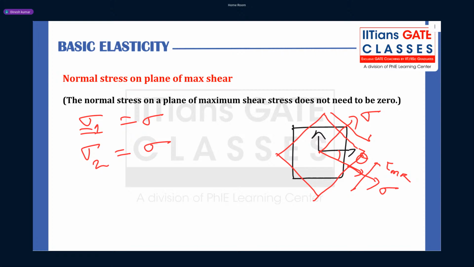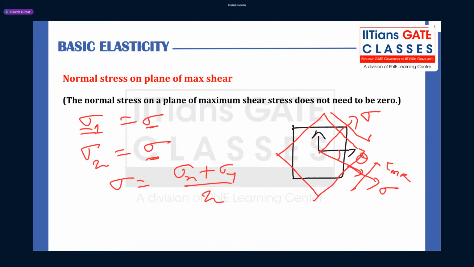This is again, guys, what can anybody tell? Have you guys learnt about Mohr circle? Yes, sir. In the Mohr circle you can see that on both planes where you have tau max, your corresponding normal stress is the same, sigma, and this sigma is given by sigma x plus sigma y by 2.